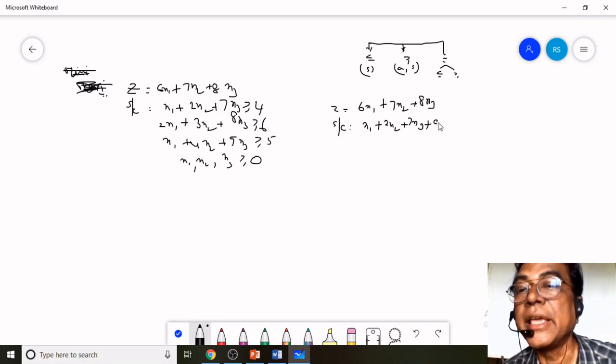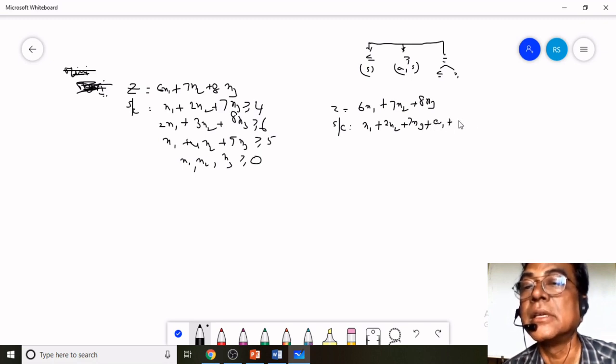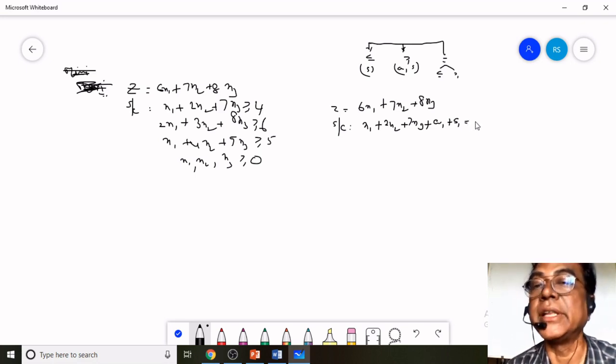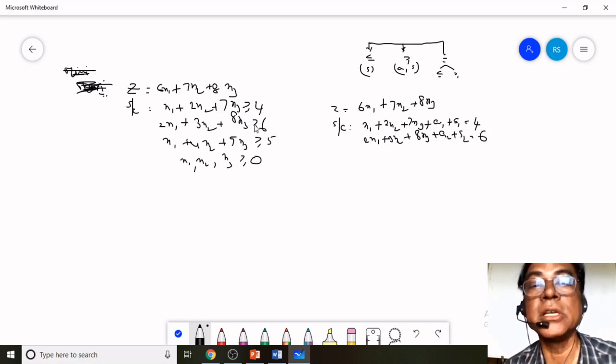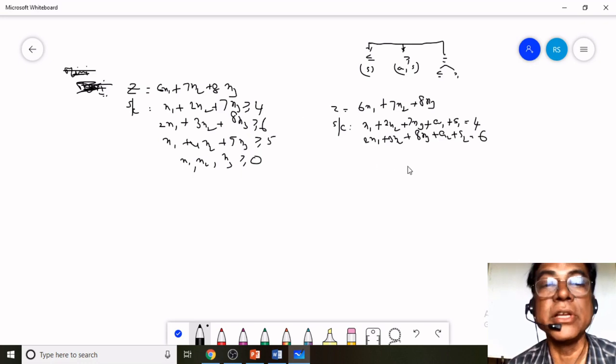It means a1 plus s1, or 1s1, whatever it is, equal to 4. First equation. Go to the second equation, 2x1 plus 3x2 plus 8x3 plus a2 plus s2 equal to 6. So automatically the inequality equations convert into equal equations.